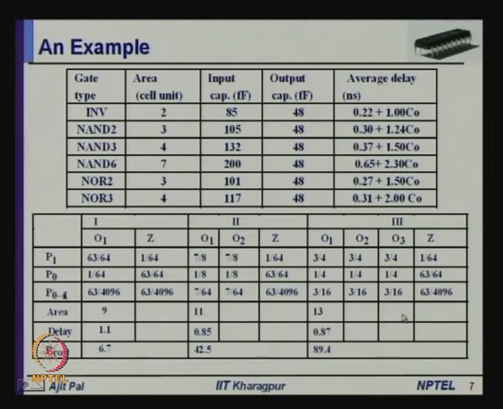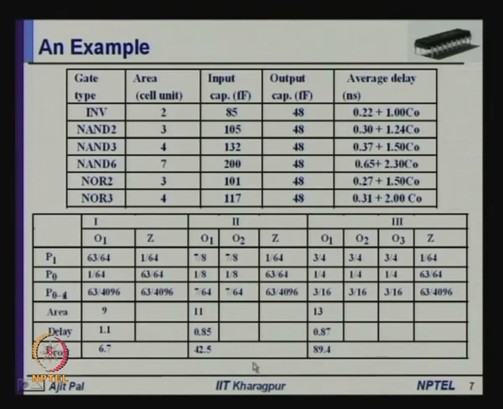As a consequence, whenever you go for low power implementation, obviously implementation 1 is more suitable, but whenever you go for minimum delay, then of course implementation 2 or implementation 3 is important.